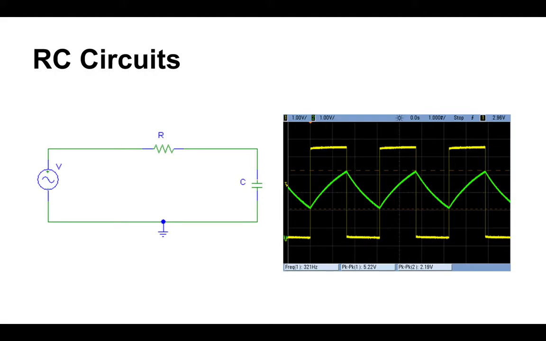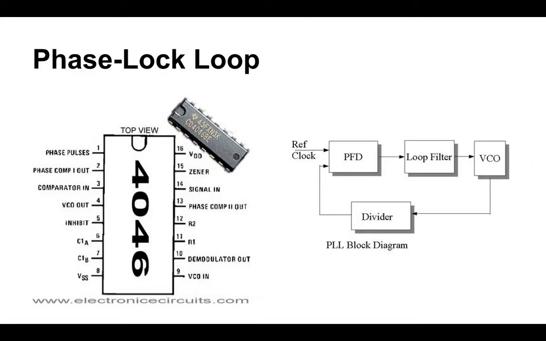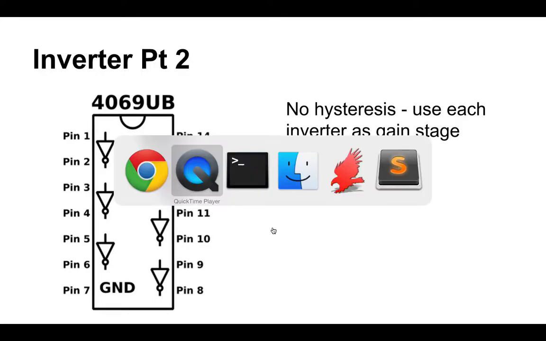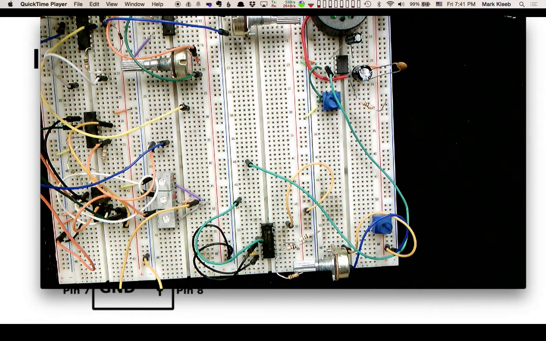You'll get a triangle pulse that's the exact inverse of this, which can be nice in some applications if you want a triangle wave. But what I really like it for is daisy chaining all the inverters together to create gain stages. And I'll show you how that sounds. So, let's see, I've got one more cable here.